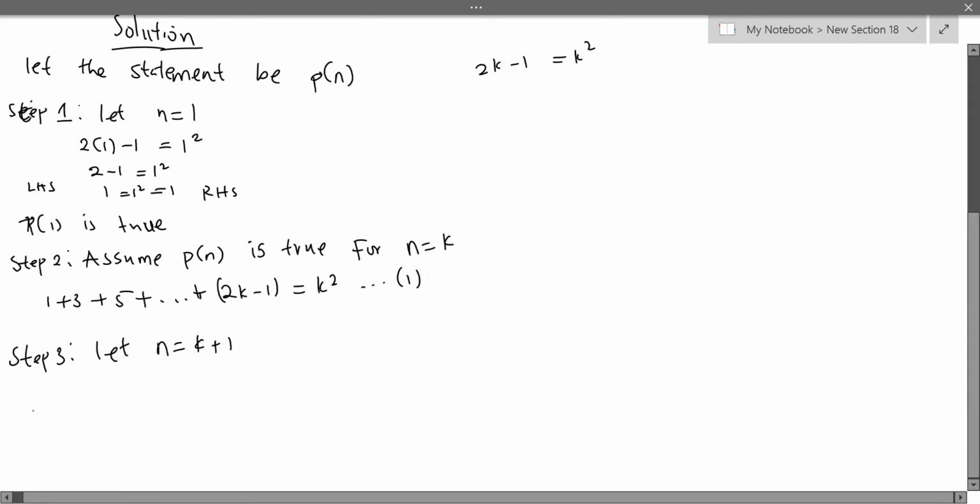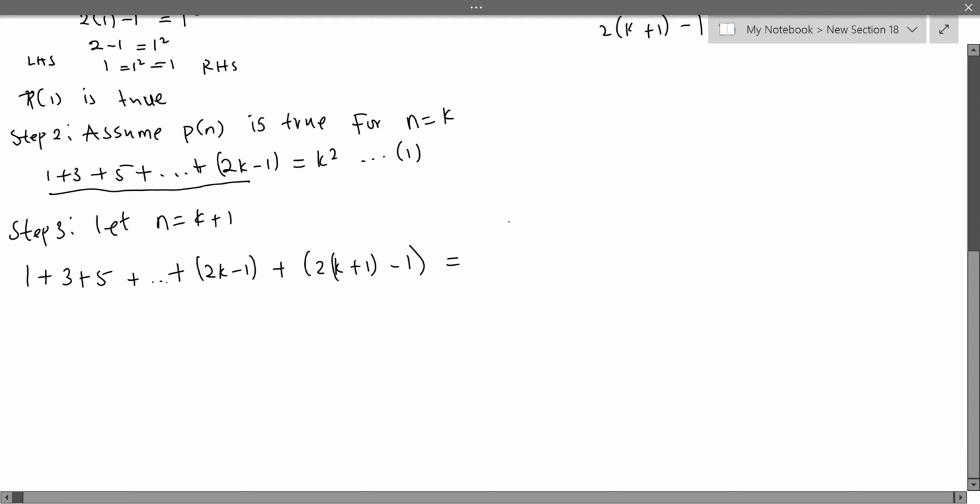So that will be 1 plus 3 plus 5 plus dot dot dot plus the kth term, which is 2k minus 1, and then the k plus 1 term. The nth term is 2n minus 1, so the k plus 1 term will be 2 into k plus 1 minus 1.